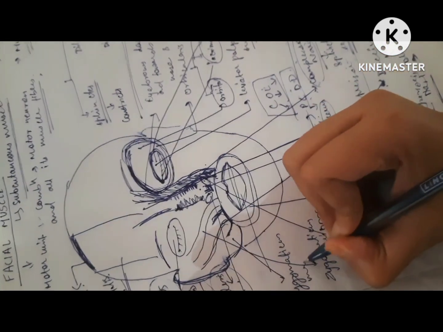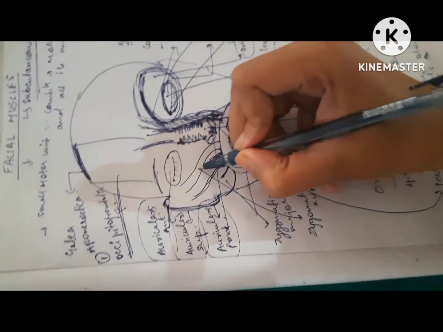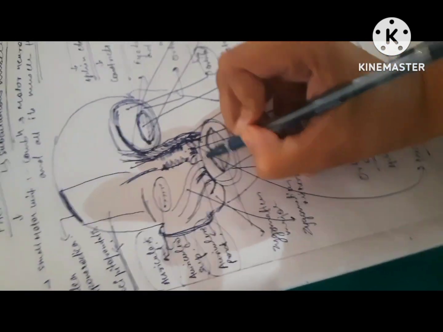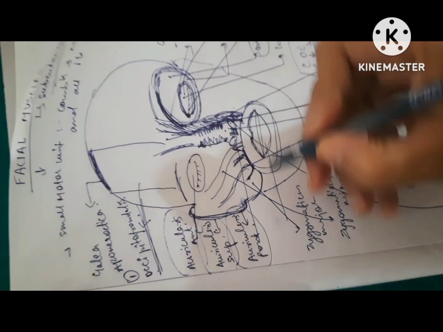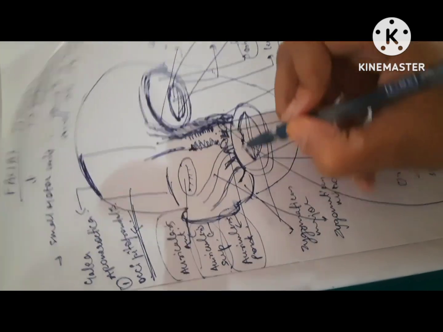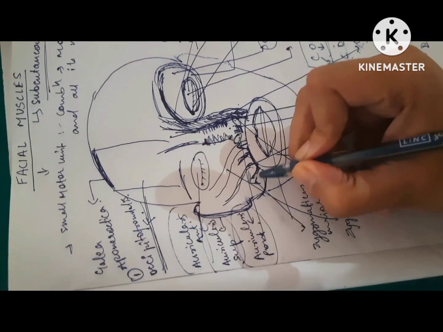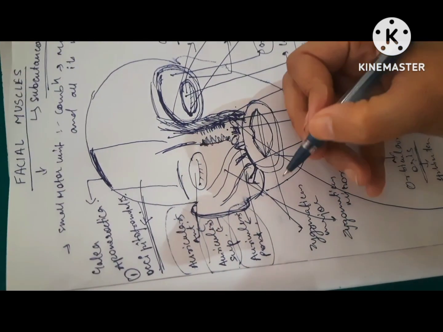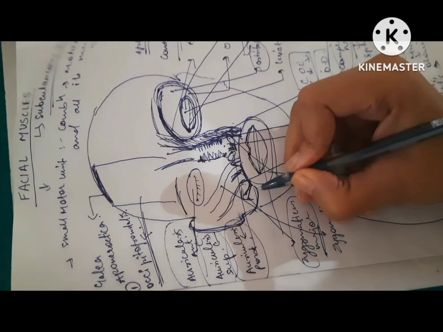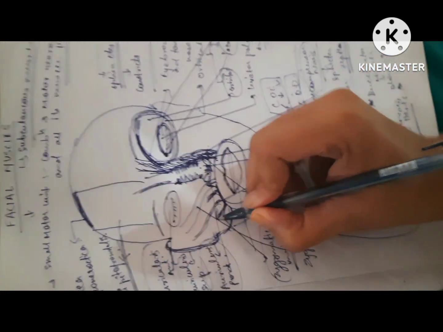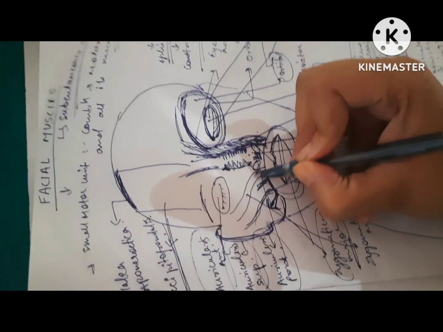It is clearly seen that this muscle is anteriorly placed. It lifts the upper lip upward, and the zygomaticus major pulls the angle of the mouth laterally at the time of smiling. This is zygomaticus major and this is zygomaticus minor.